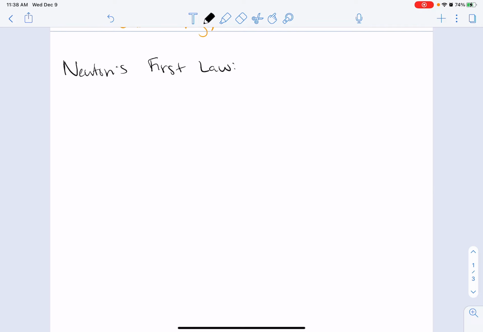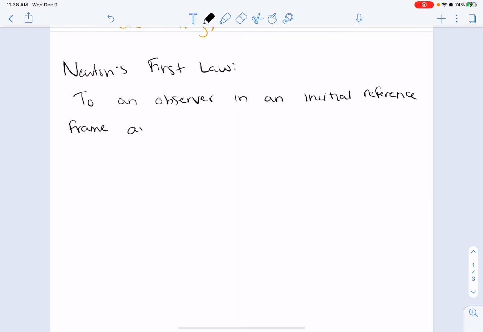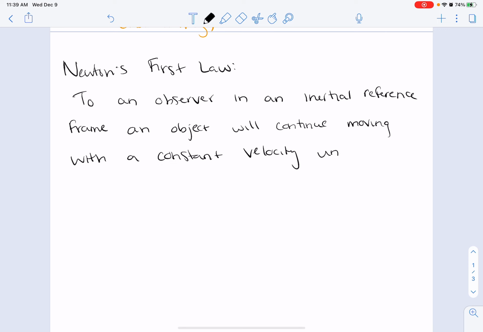What we see in Newton's first law is that to an observer in an inertial reference frame, an object will continue moving with a constant velocity unless an unbalanced force, or the sum of the forces, is exerted on it, okay?